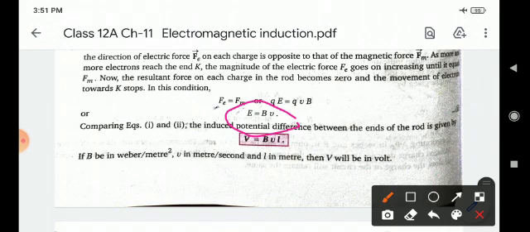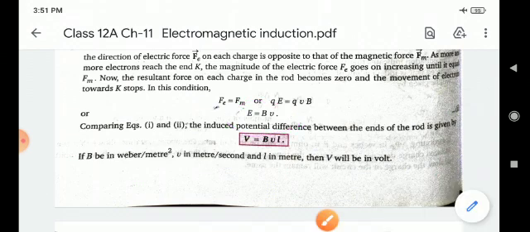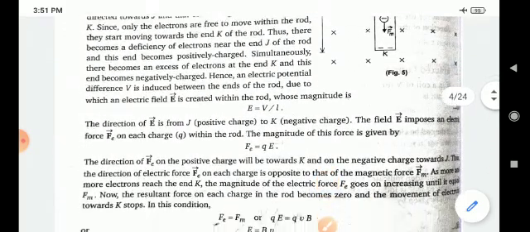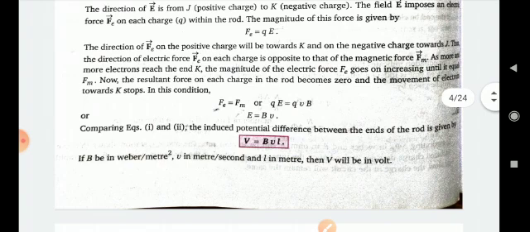Comparing the value of E in equations 1 and 2, V upon L equals vB, therefore V equals BvL, where V is the potential, B is the magnetic field, v is the velocity and L is the length.